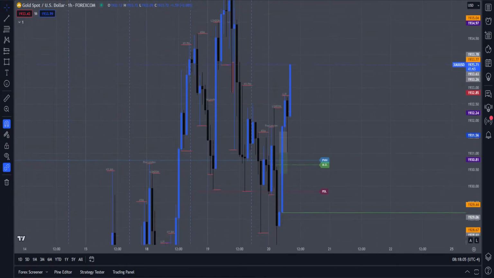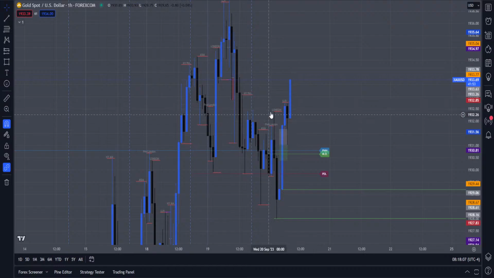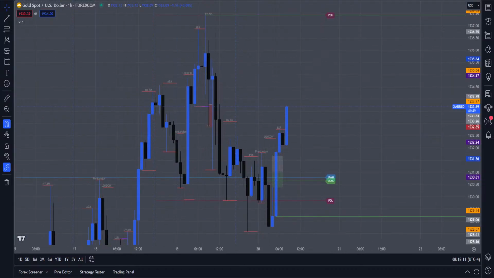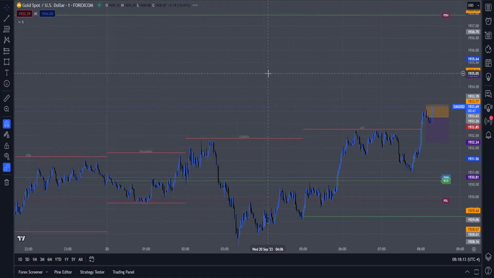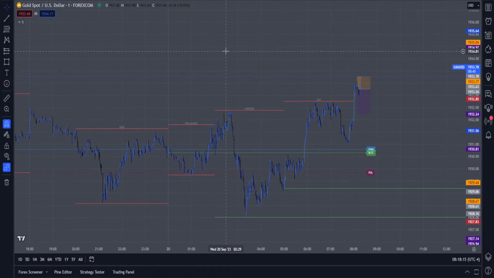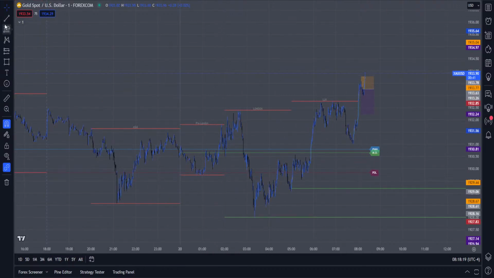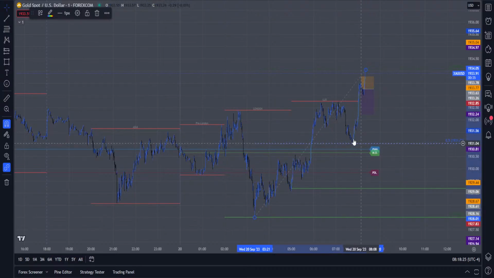Alright, we see gold wants to keep going up, and if we go on the 1 minute, I'm going to mark the highest to lowest point, which is right here to right here. So we do want it to come down below this level right here.